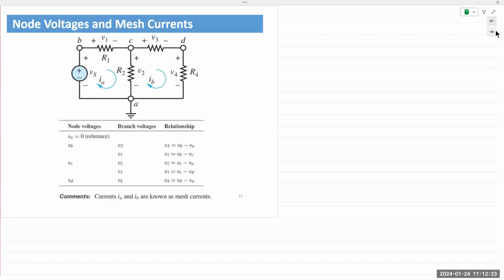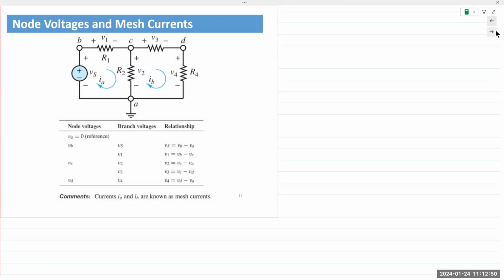Once I finish covering the topic in class, I will announce it again and say that the topic is concluded. The homework is assigned at the beginning of the introduction, and the due date will be updated right after the topic is finished and covered in class. So we are introducing node voltage analysis today, and I will finish it within the next 50 minutes. All right, let's get on it.